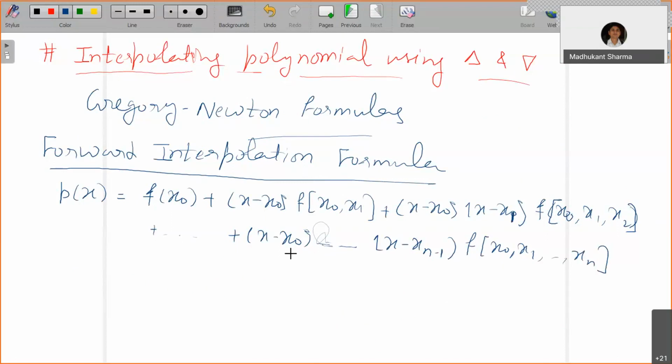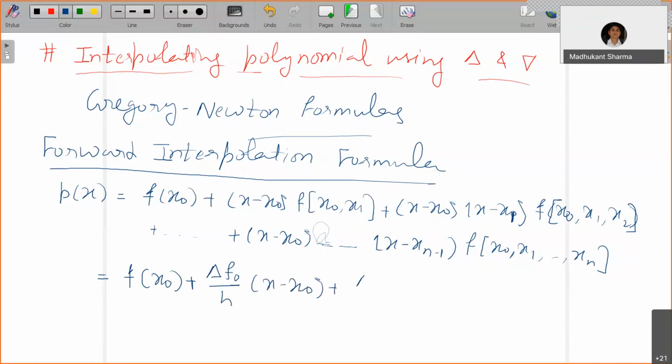Now if you use the relationship, this is equal to f of x naught plus x minus x naught as it is. The first divided difference at x naught, x1 is delta f naught by h, times x minus x naught.